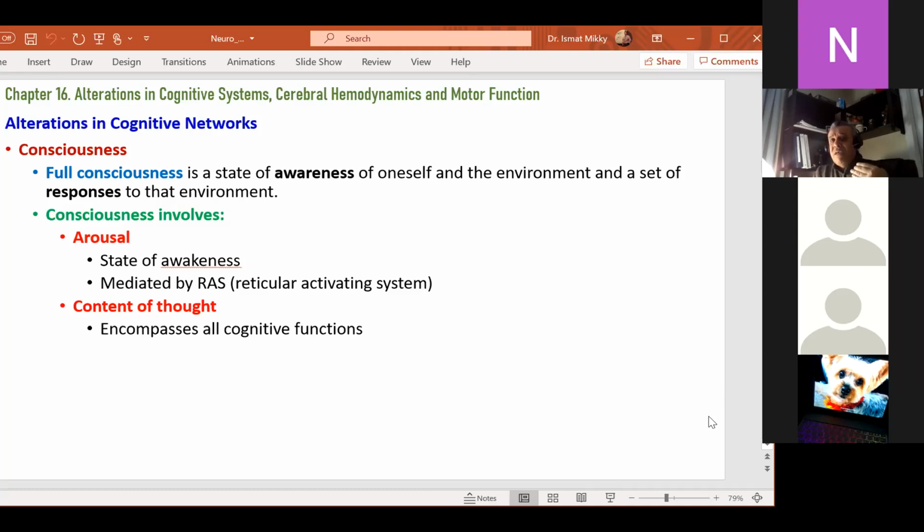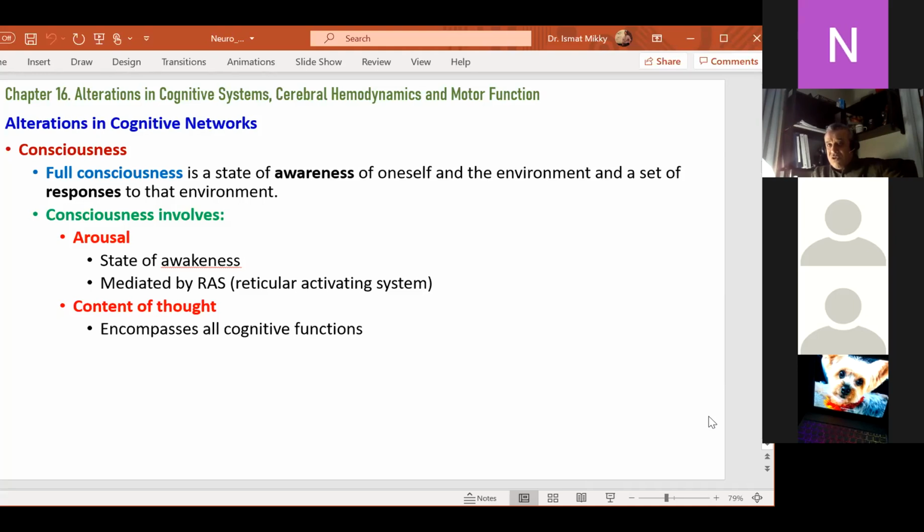One of the best examples of how the RAS works is this: if you are in the airport with a lot of noise around you, passengers, wheeling suitcases, employees, and they page your name, you hear your name on the paging system and automatically you are alerted. So that's the RAS system functioning.